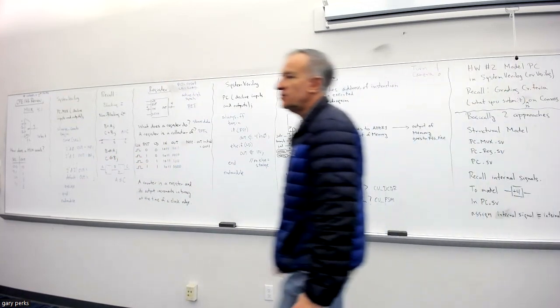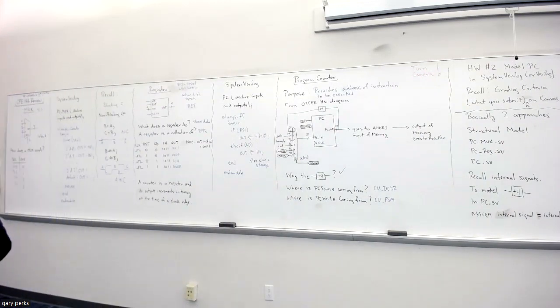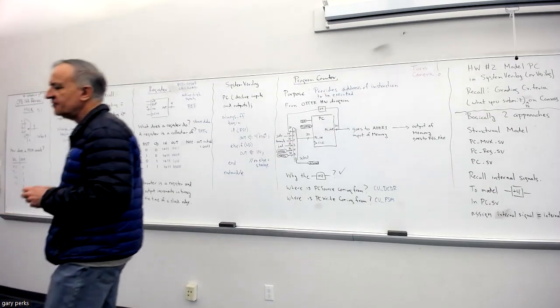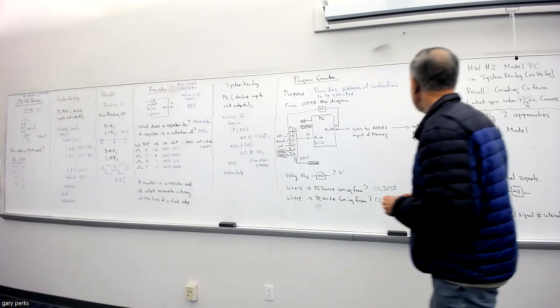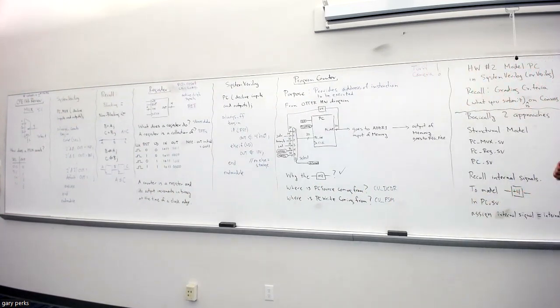Okay, so we're almost done here. I'm trying to think what else I want to say. The last thing before we stop and you start your assignment is to talk about the assignment itself.